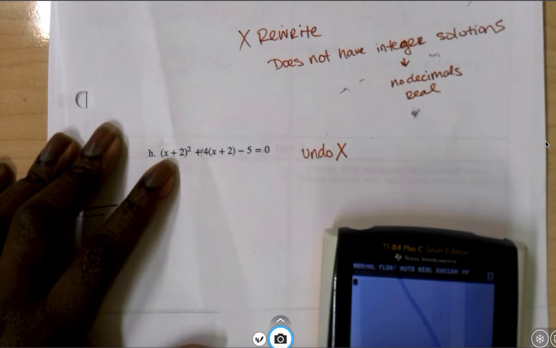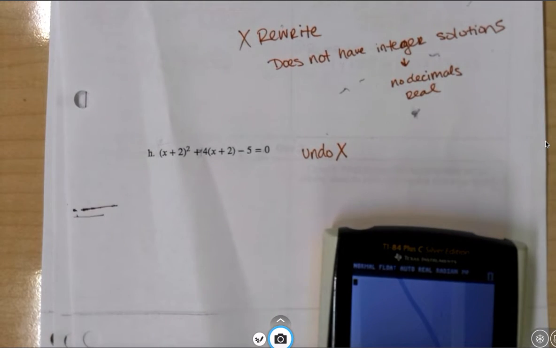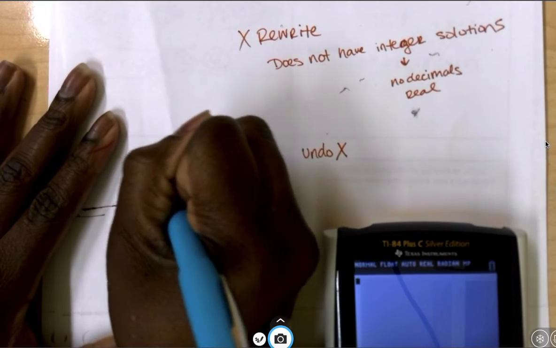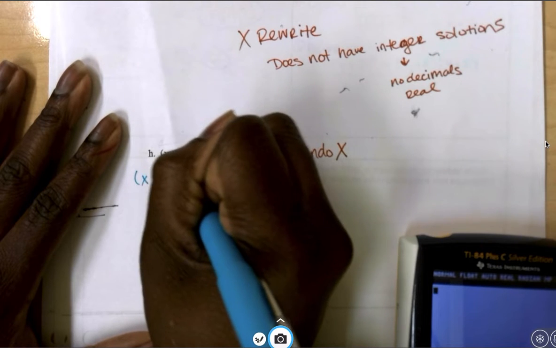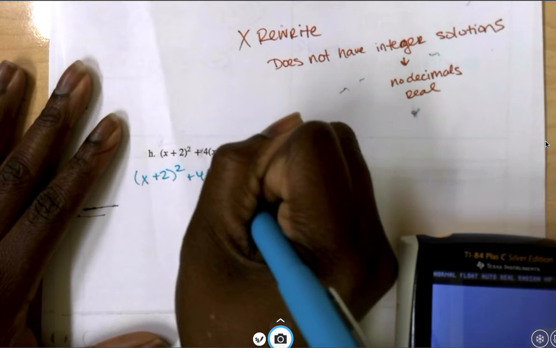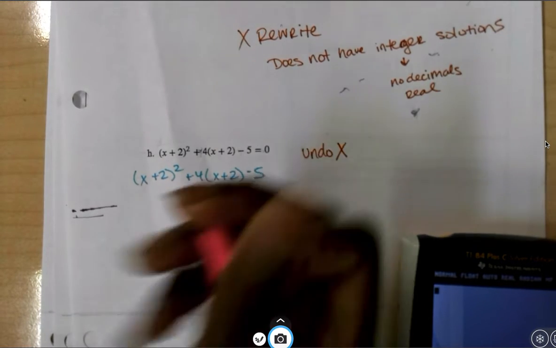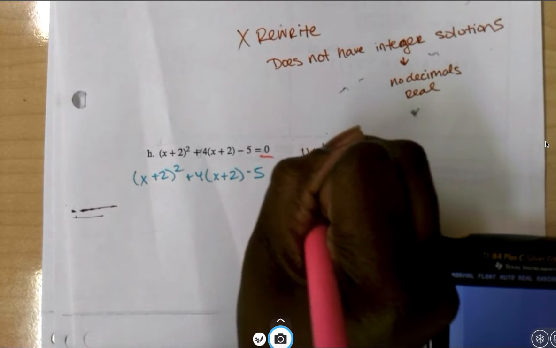So here we have two equations again. Although it's a bit complicated, we still have two examples, or two equations rather. So my first equation I'm going to put into my calculator is 4 times x plus 2 minus 5. The next one I'm going to put in my calculator is y equals 0.